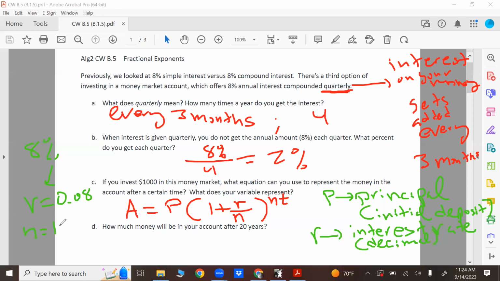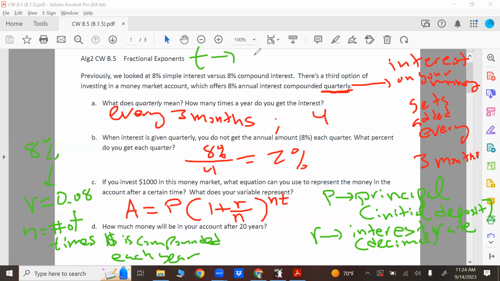N is going to equal the number of times the money is compounded each year. So each year, the money is compounded how many times? 4, right? And what do you think T represents? It should be intuitive: time in years.